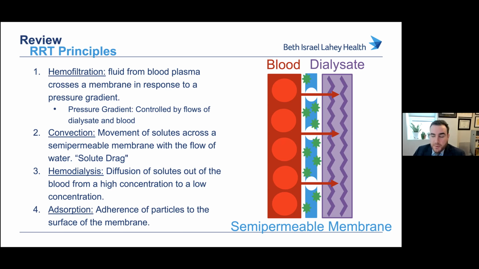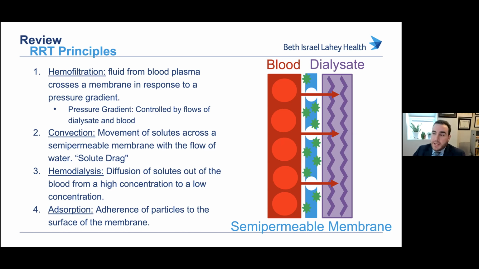And absorption, I like to think of it as kind of like an N95 mask. As you're using the semi-permeable membrane to filter the blood, you're going to have particles that stick to it over time. As we use our N95 mask in an era of COVID, it becomes harder and harder to breathe over time. So we eventually have to replace those masks because there's lots of particles that get stuck in the filter.